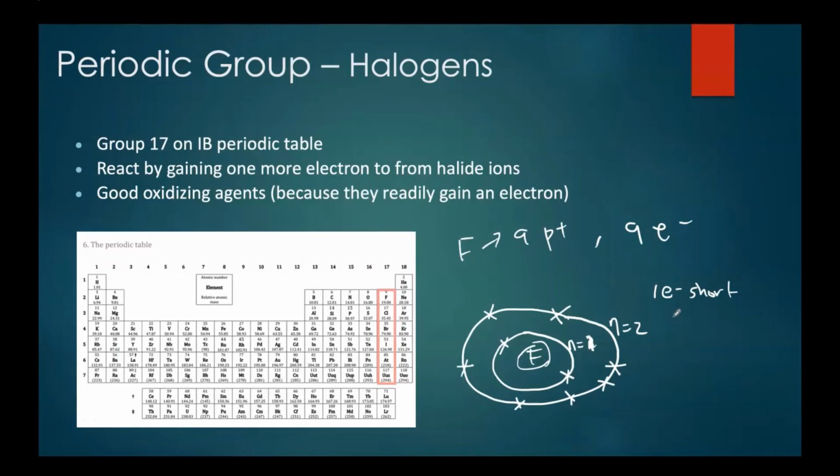That's the reason why it is a good oxidizing agent. All of the elements within group 17 have 7 valence electrons.